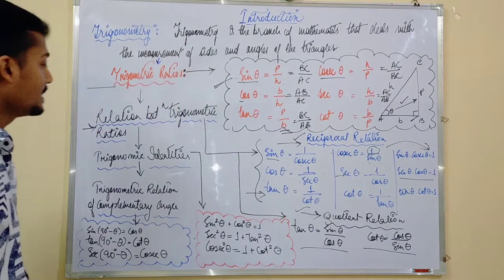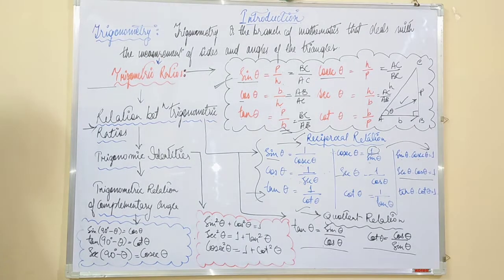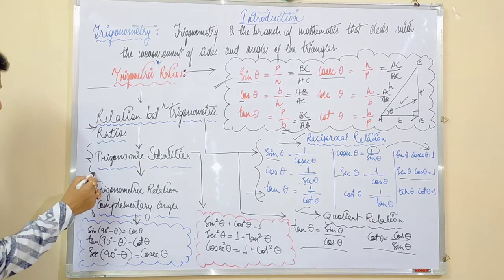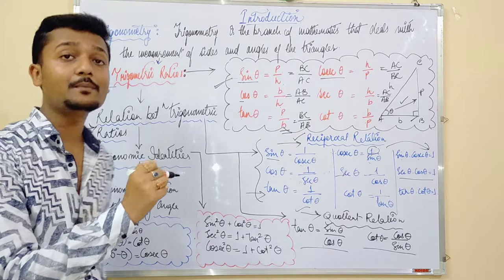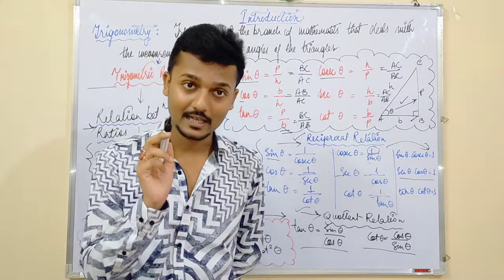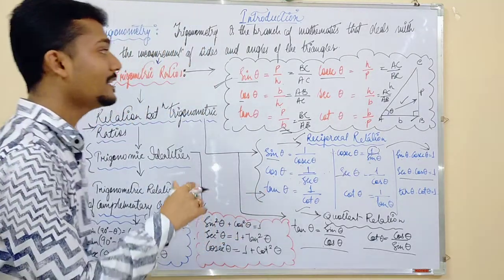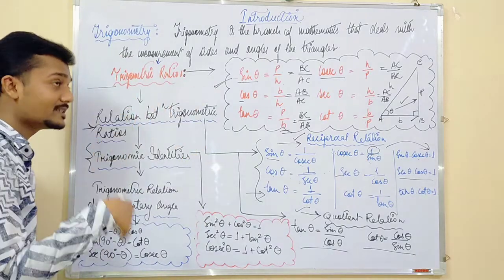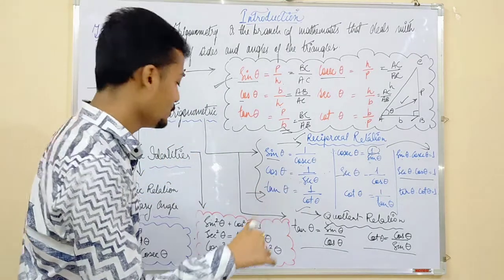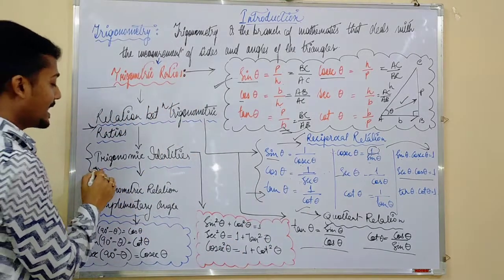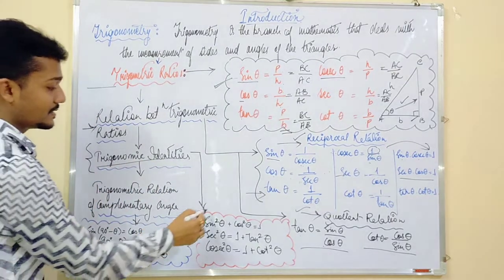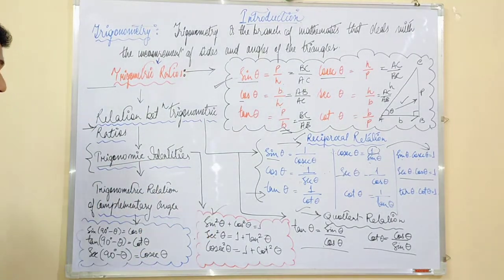Is that clear? Now next that we are going to see is trigonometric identities. That also we have done with the help of the super hexagon. That very same thing we are seeing now from a different viewpoint. So these are called trigonometric identities, isn't it?